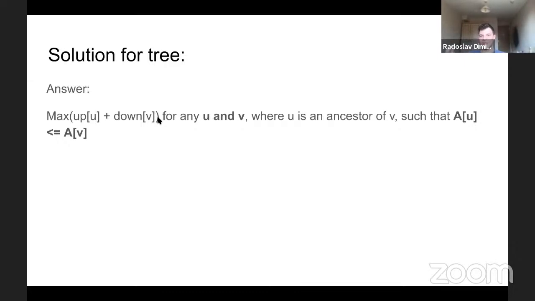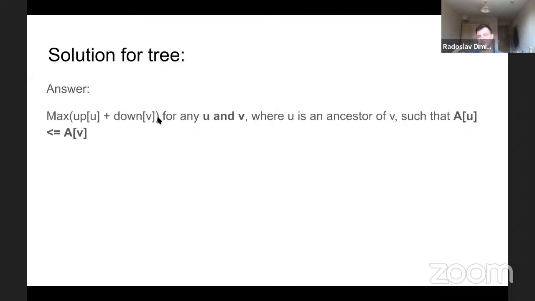And again, similarly to the last case, this will yield an n-squared solution, because up and down can be easily computed in linear time. We have them stored in some array. Then we just choose all pairs of two vertices and check whether one of them is an ancestor of the other one, which can be done easily in constant time.